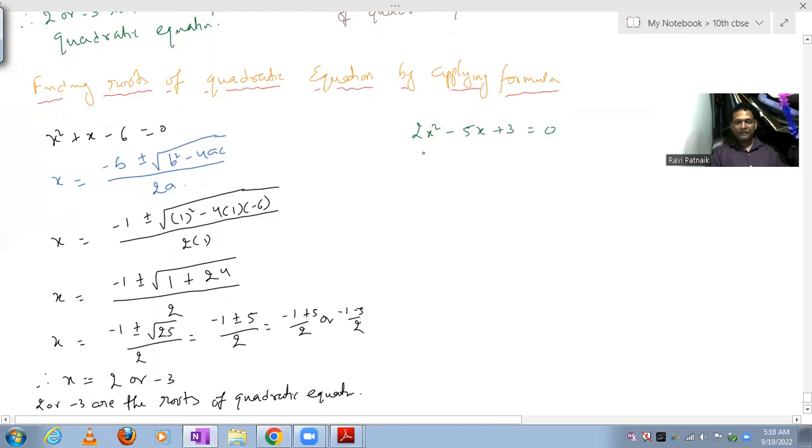So generally, what you have to do is compare the above quadratic equation with ax squared plus bx plus c is equal to 0. Here what we will get? a is equal to 2, b is equal to minus 5, c is equal to 3.